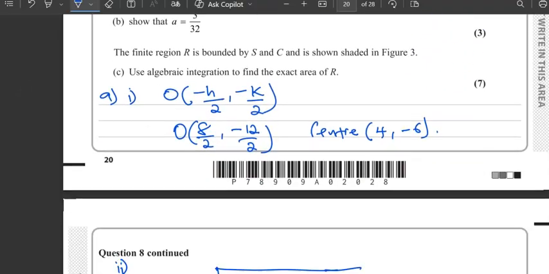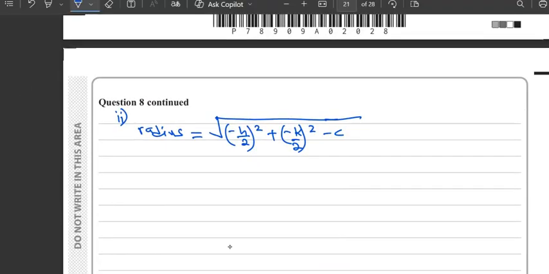So when we substitute everything that we have, the radius will be given as the square root of, negative h over 2, which we've already determined as 4, we square this, plus negative k over 2, which we have as negative 6, we also square this, then the constant c is 27, so minus 27.